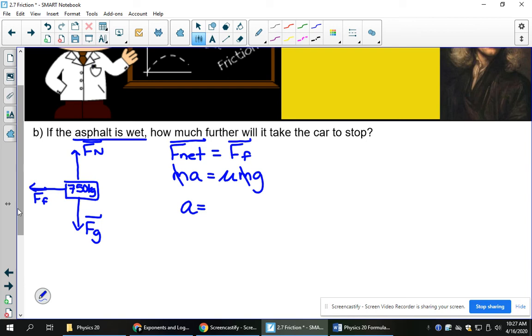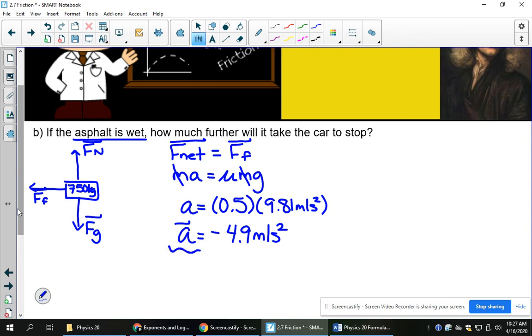So a rubber tire on wet asphalt, kinetic friction is 0.5, and then 9.81 for gravity. And I'm going to have to put the negative on myself because it does disappear when we do the absolute value step in this equation. And I get negative 4.9 meters per second squared in this question.